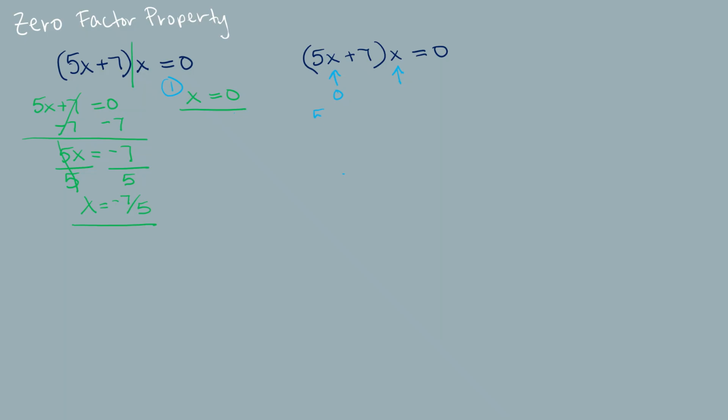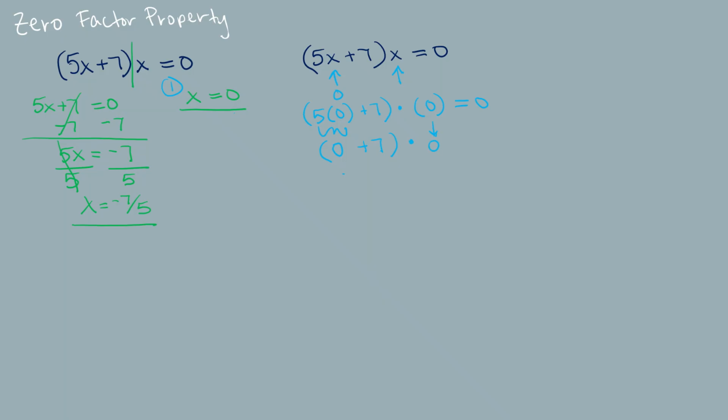We'll do 5 times 0 plus 7, these big parentheses, times this 0 equals 0. And if you've done algebra recently, it's kind of obvious just because anything multiplied by 0 equals 0, but we're going to see it through and work through our check. So this 5 times 0 equals 0, and then we just drop this 7, so 0 plus 7, parentheses, times the 0 in this one.